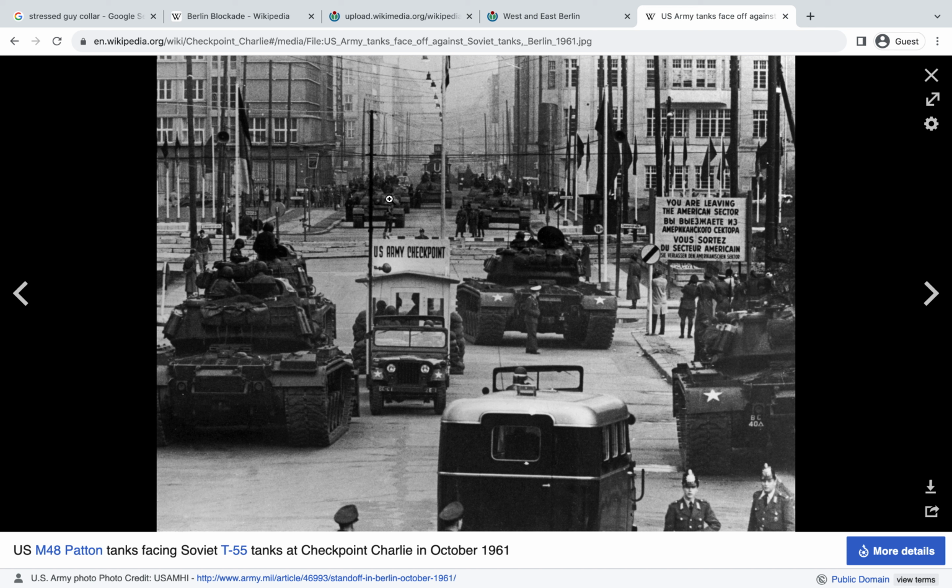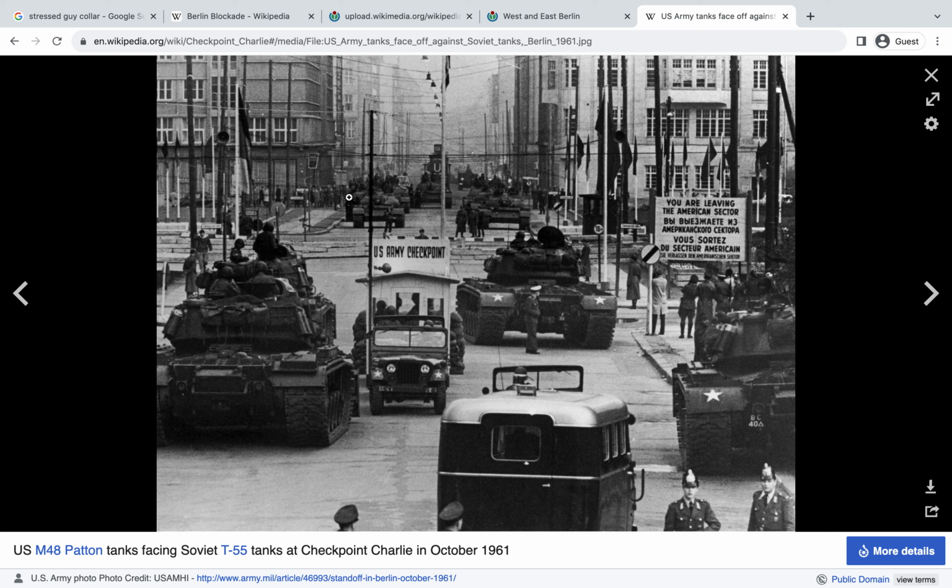If you look, the Soviets are pointing their tanks at the Americans. This went on for a while. No one fired a shot in this whole situation. But if someone does, it's total war. It's World War III.